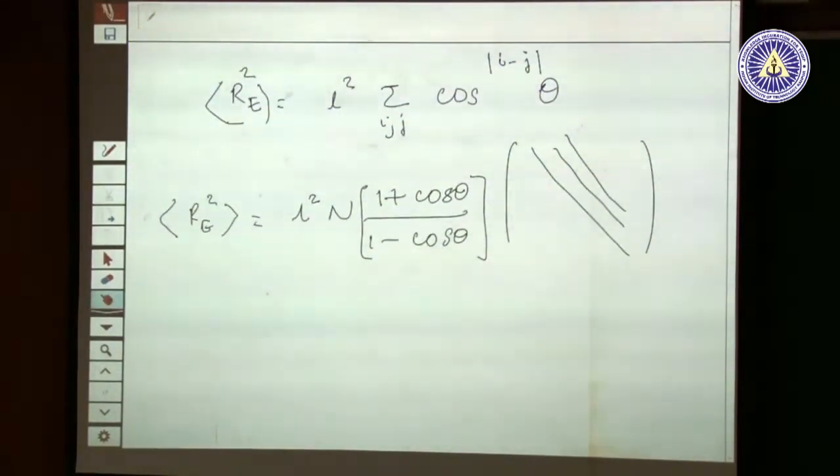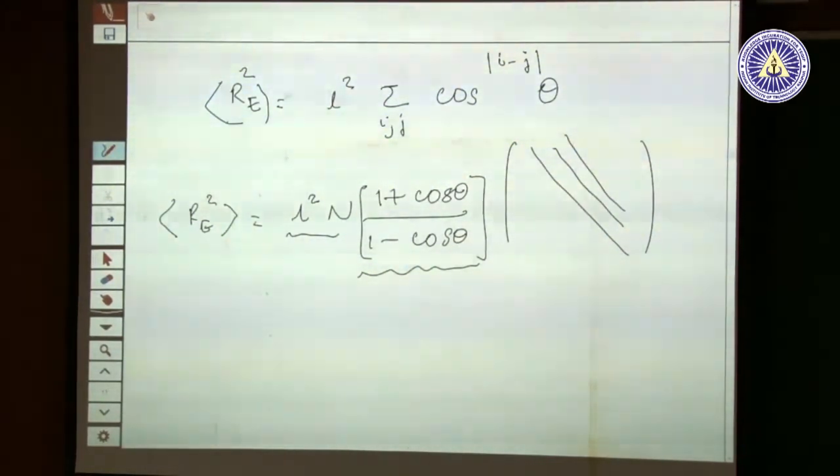So, what do you see at the end of the day? What has happened is that you get a correction term to the end to end vector of a freely jointed chain. And so, you can imagine as theta becomes smaller and smaller, then cos theta approaches 1. And so, Re squared becomes a very large quantity for a freely rotating chain.